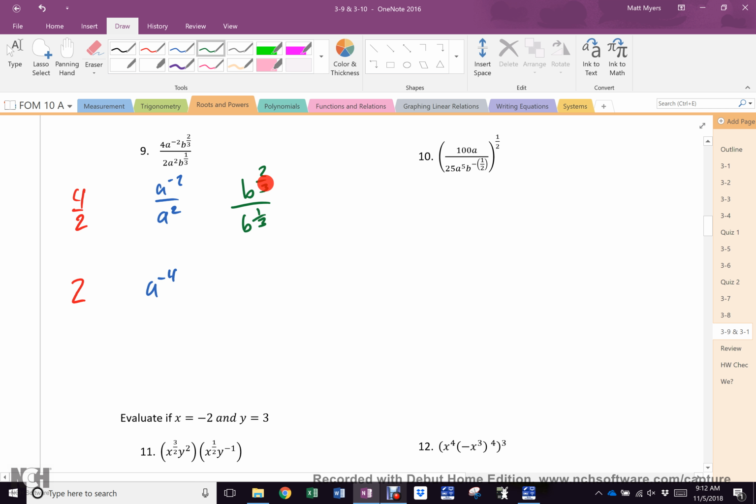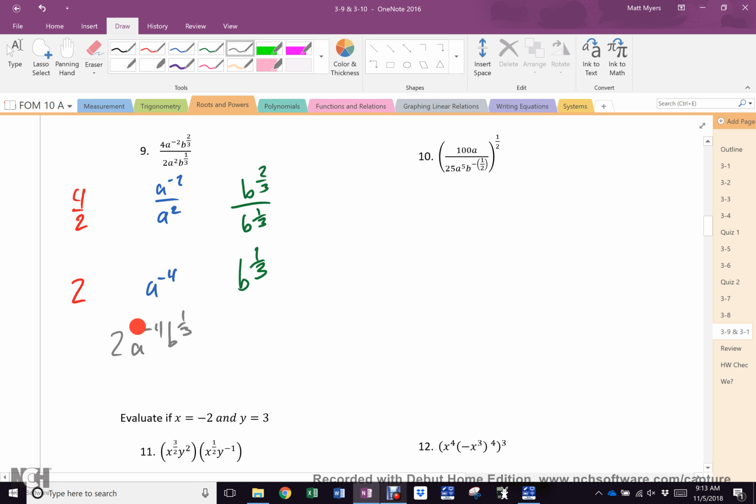What do you do with these? You subtract them. 2/3 take away 1/3. 1/3. Now you just put it all together. 2a to the negative 4b to the 1/3.